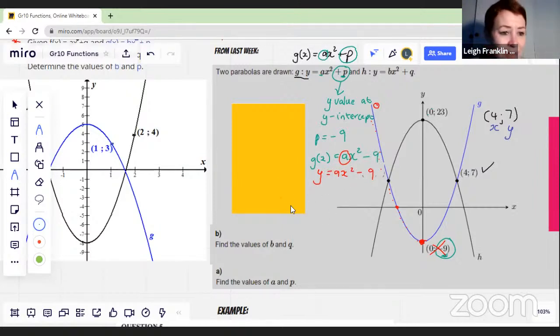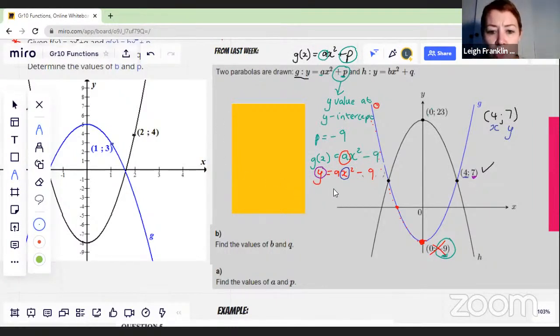So what they are telling us to do is that we want to replace this x over here with this 4. And at the same time, so let's get a different color, we want to replace this y over here with that 7, so that we only have one unknown, the a that we're trying to work out.